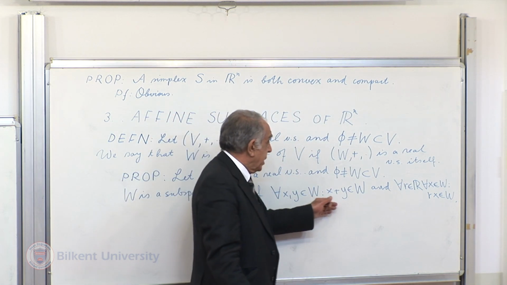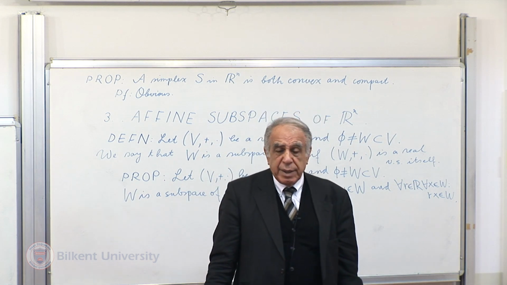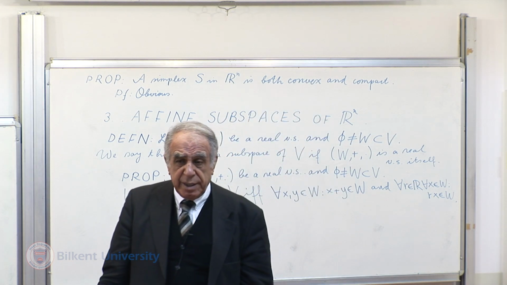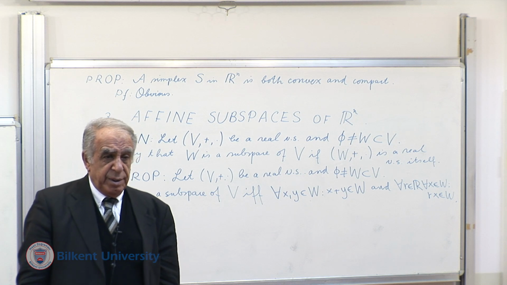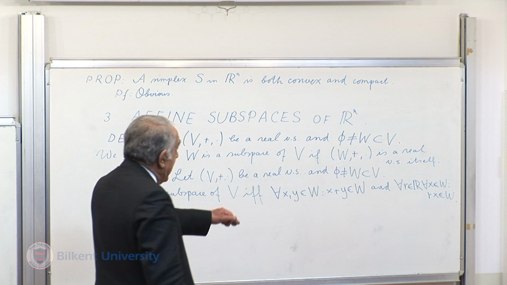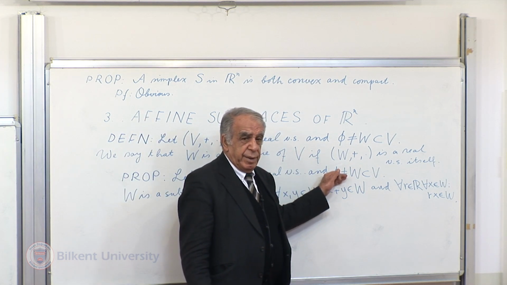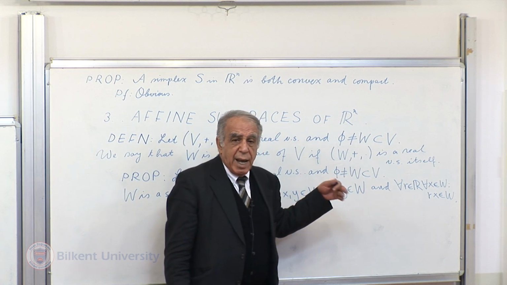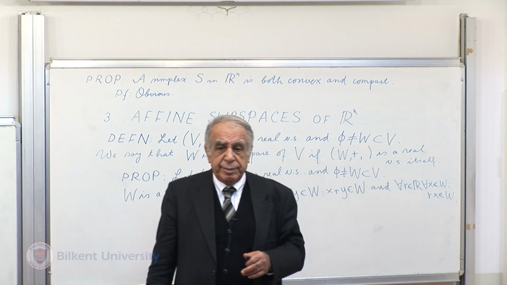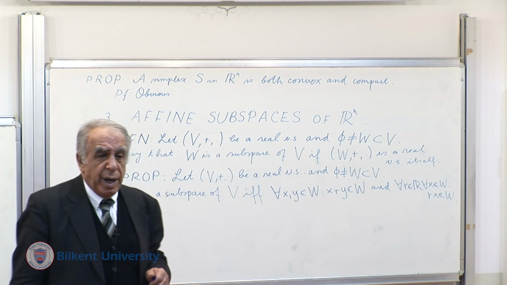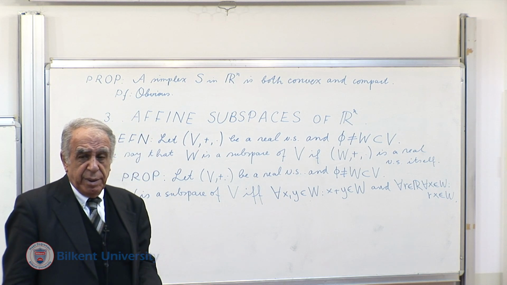Will these two conditions imply, for example, that the zero vector is in W? Now, W is non-empty. Let me take any x in W. What do I know from these two?